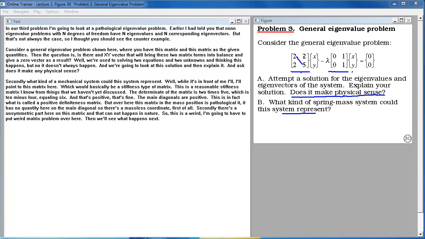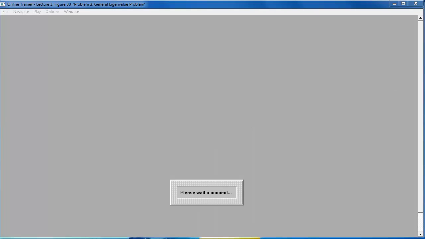This is, in fact, what is called a positive definite matrix. But over here, this matrix in the mass position is pathological. It has no quantity here on the main diagonal, so there's a massless coordinate, first of all. Secondly, there's an unsymmetric part here on this mass matrix, and that cannot happen in nature. So this is a weird matrix problem, and then we'll see what happens next.